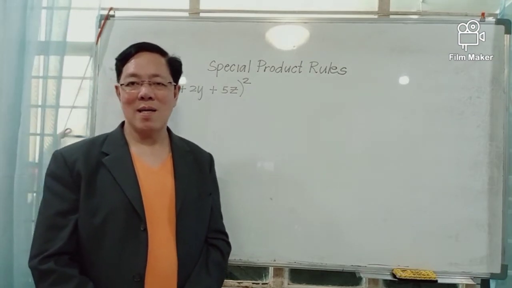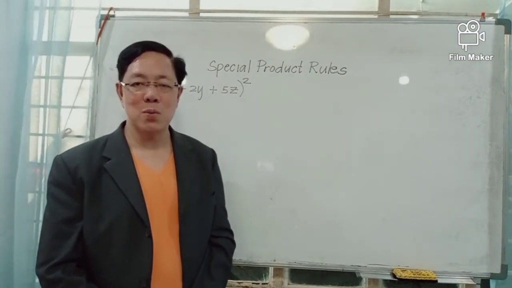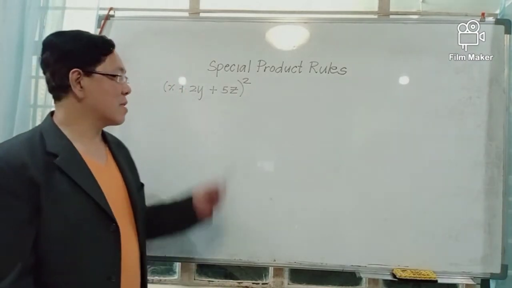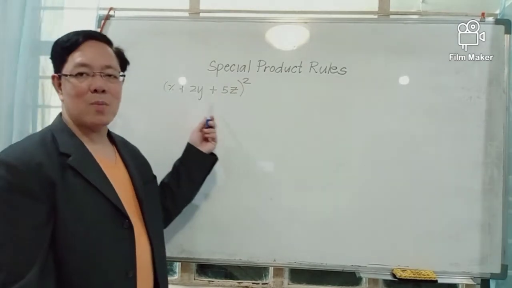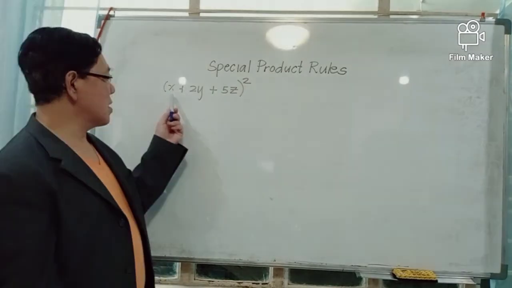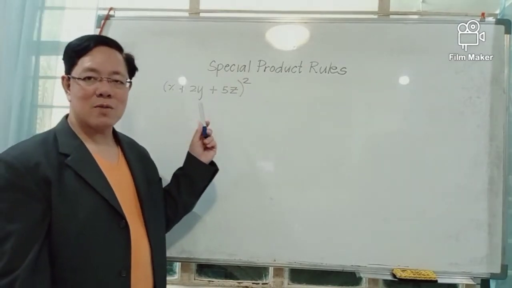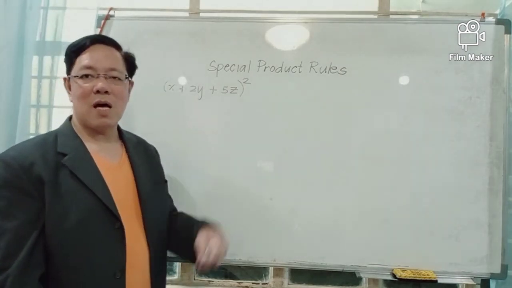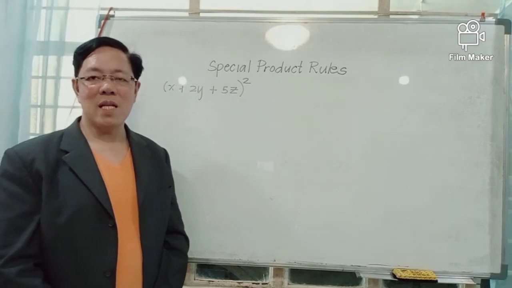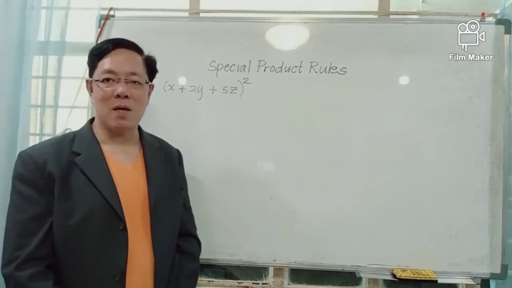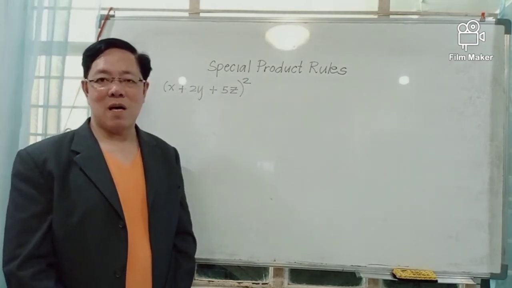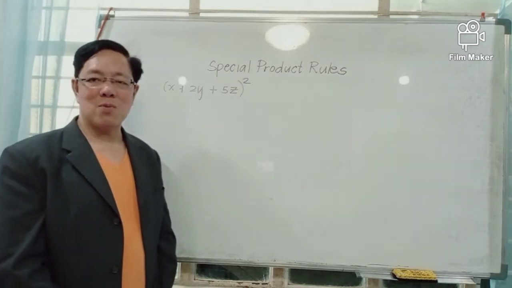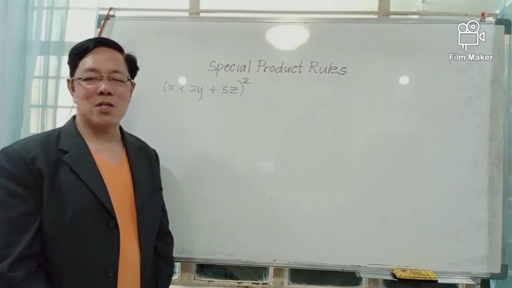So we can apply the special product rule number 2 for the square of a binomial. To express this as a square of a binomial, either you group the first two terms as one term, or you group the last two terms as one term, and then apply the second special product rule for the square of a sum, in which the operation between the two terms is addition.